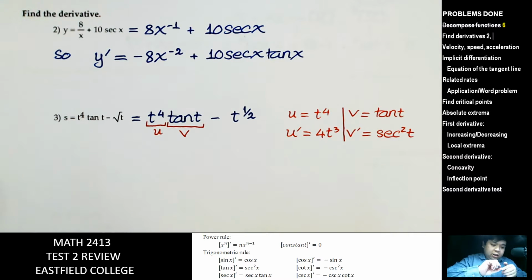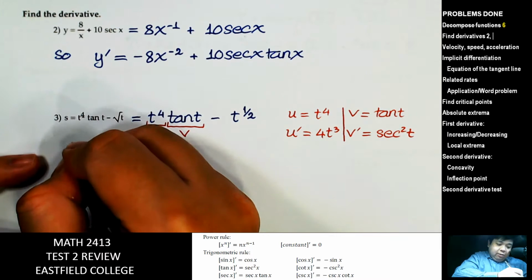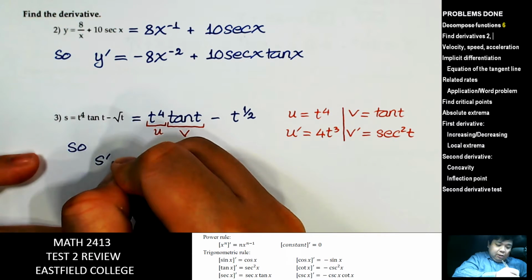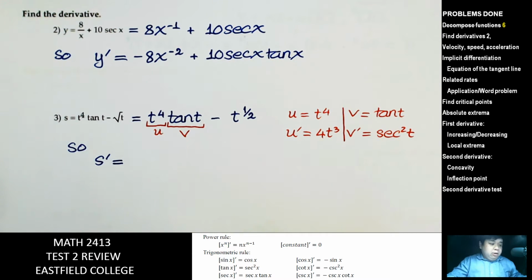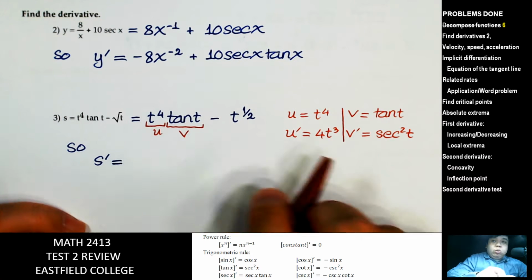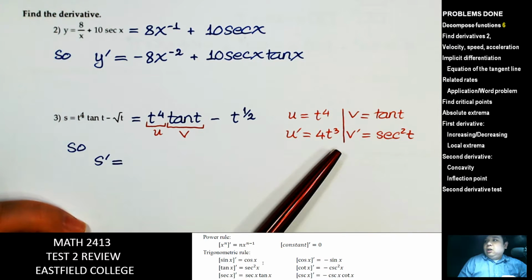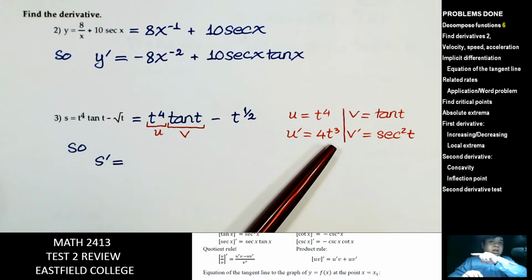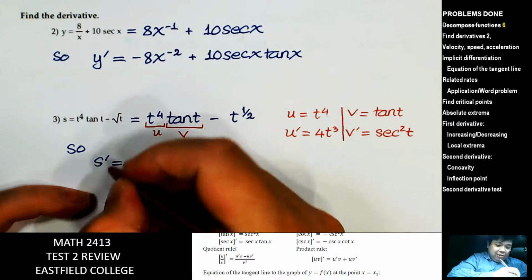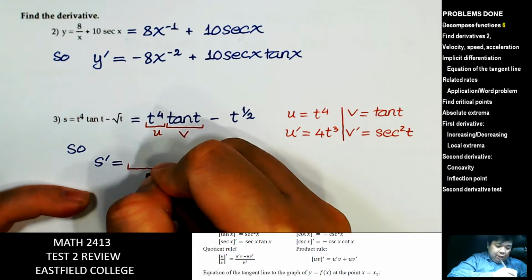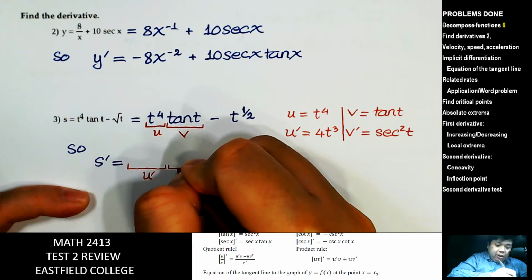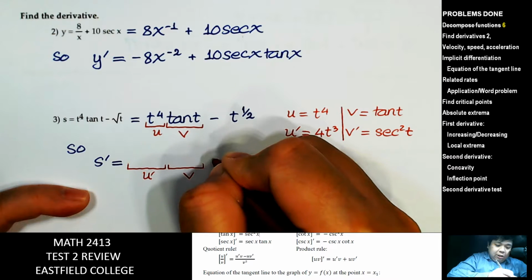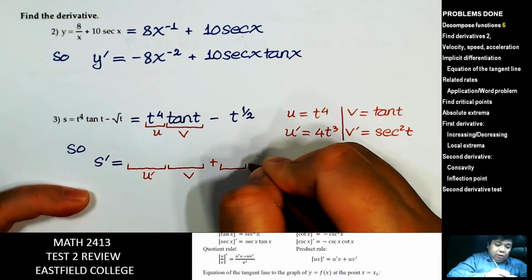Right, and now we take derivative. Derivative of the product is a product rule. Just on that side. So u prime v plus uv prime.